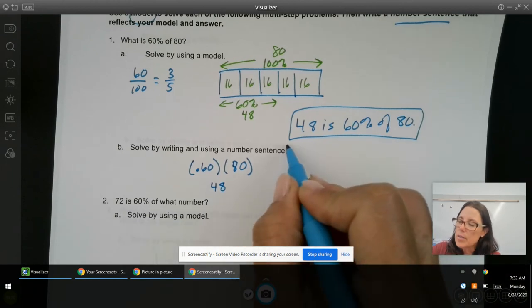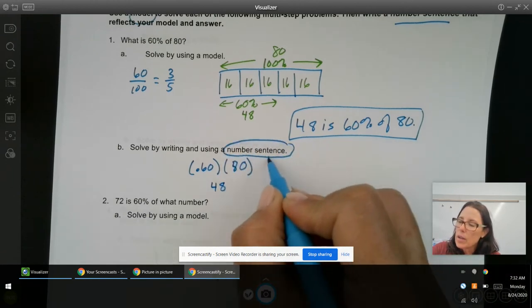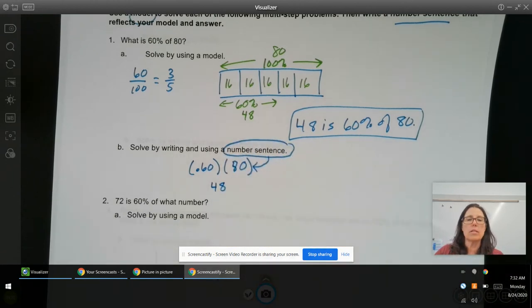So this is a number sentence. That is a number sentence, okay? All right, go ahead and pause me and try number 2. Get as far into number 2, A and B, as you can. And if you get stuck or you're done and you want to check, unpause me.